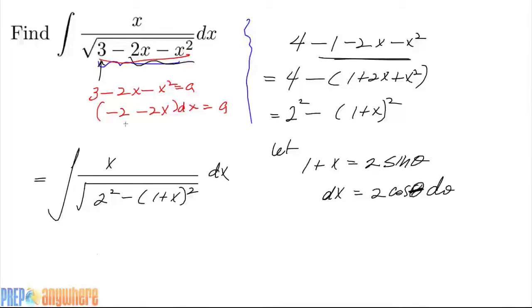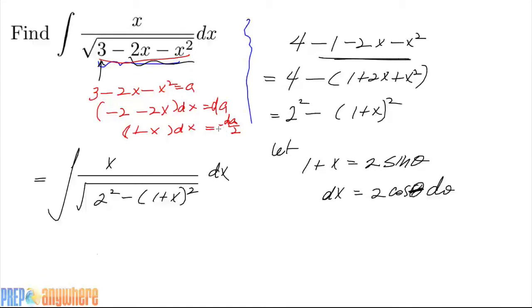So if you divide both sides by minus 2, you get 1 plus x dx is equal to dA over minus 2, right? Sorry, dA, that's what I meant.